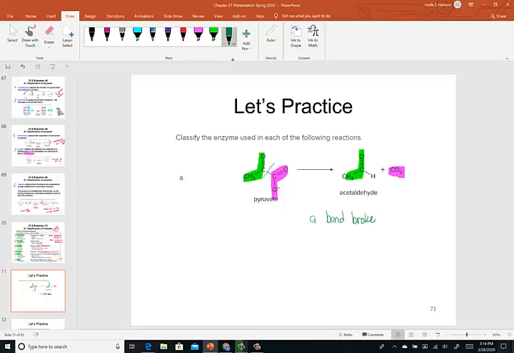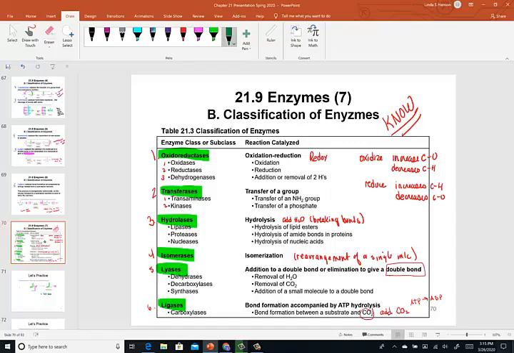Now, what type of activity is going to break a bond and release a carbon dioxide? Can you tell? Until you get familiar, go back into your chart, and what do you see? Where do we break bonds? Giving you think time. Can you find it?